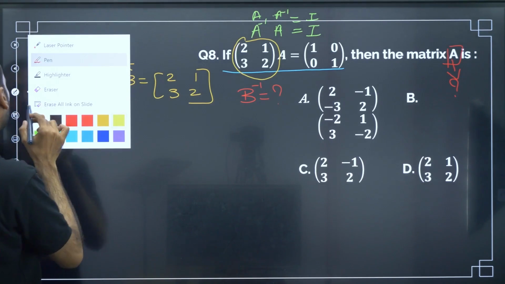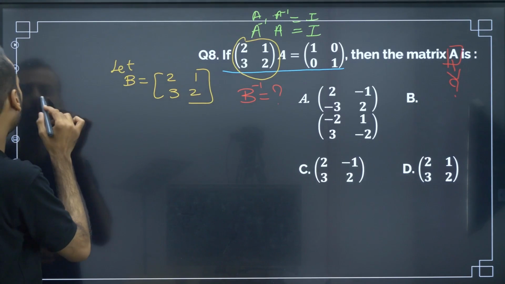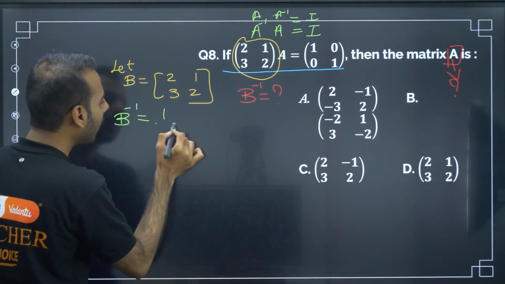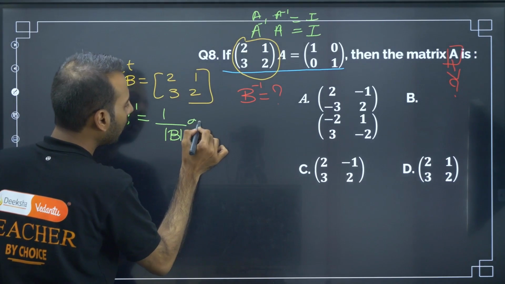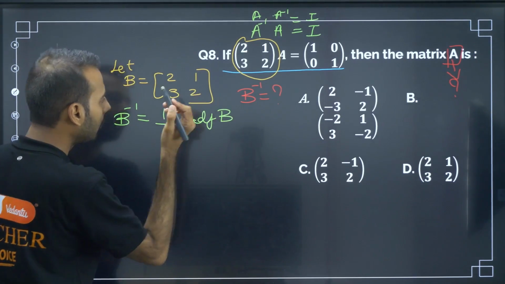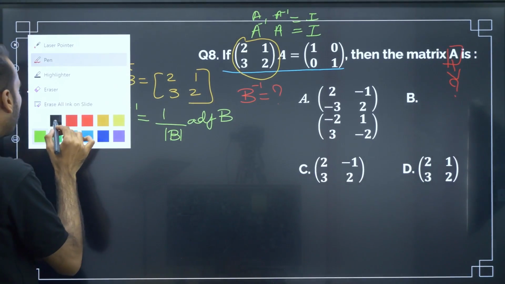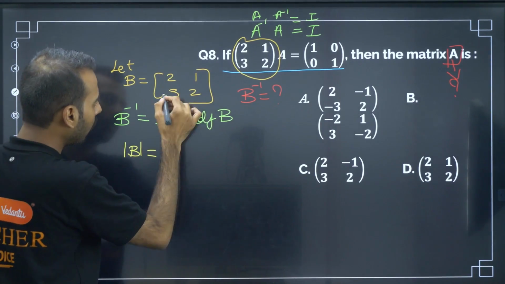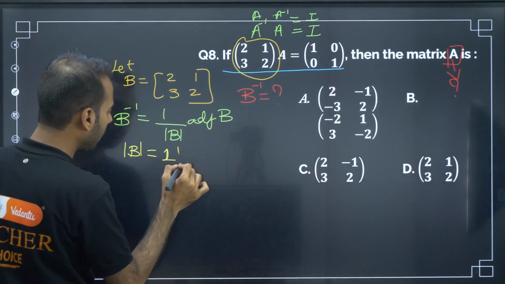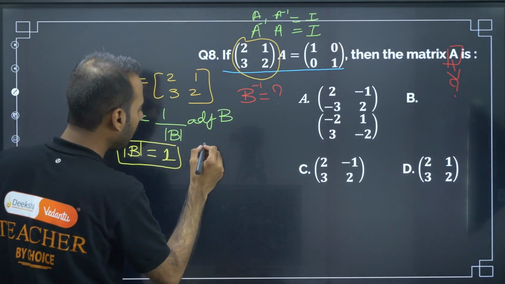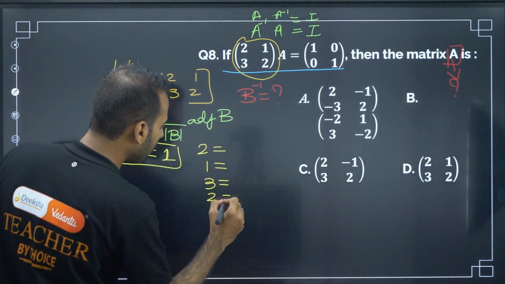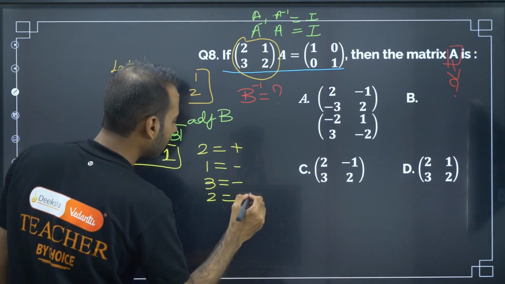At this point you should be knowing: B inverse is equal to 1 by det B times adjoint of B. Det B is 4 minus 3, so the determinant of B is 1. For the adjoint of B, the signs are plus minus, minus plus.